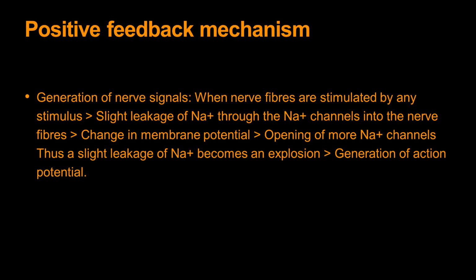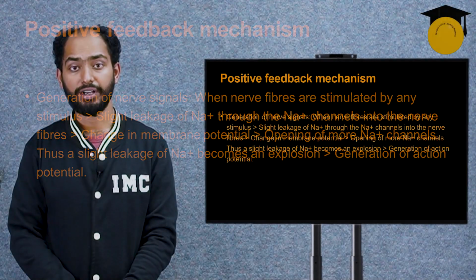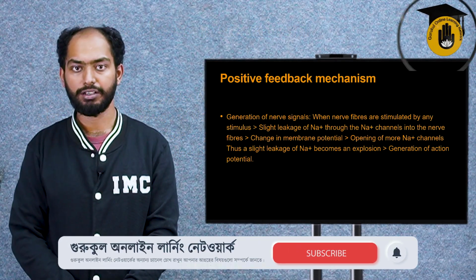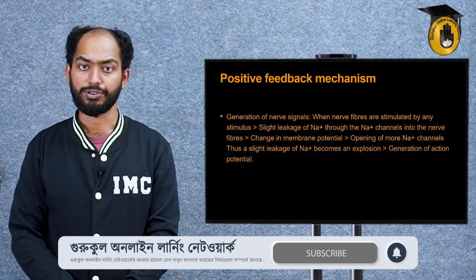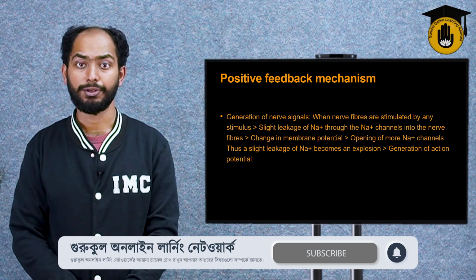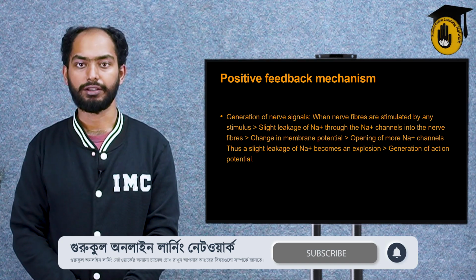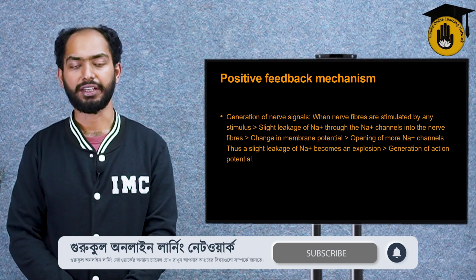The explosion of sodium leakage will go on, and ultimately the action potential will take place. That's also a very important thing about the positive feedback mechanism, and we have to know it very carefully and very well.